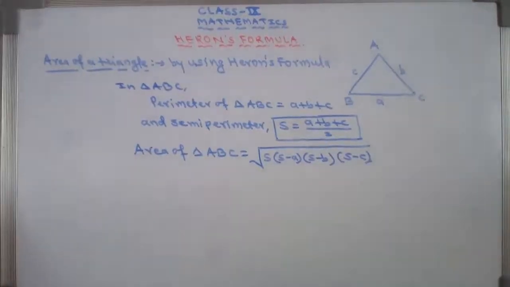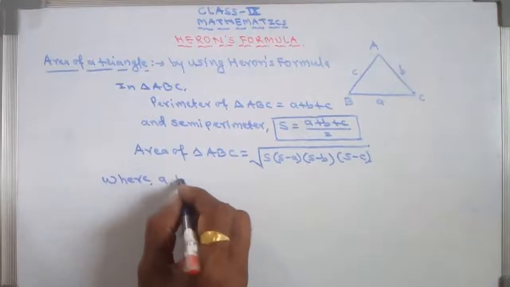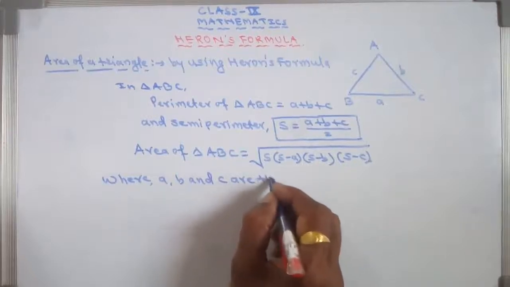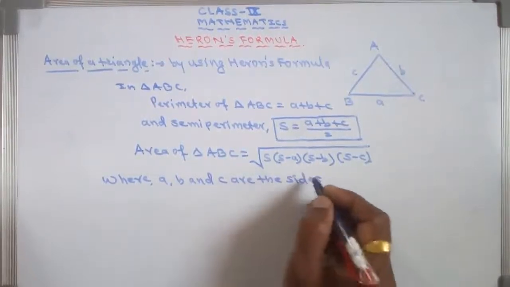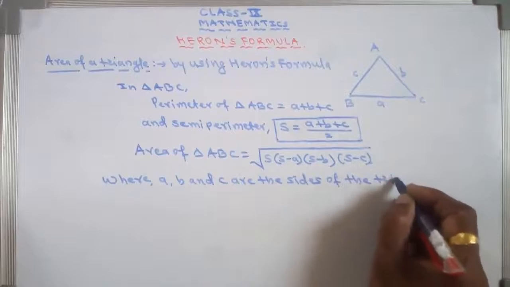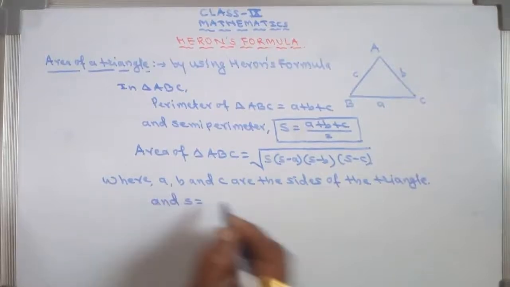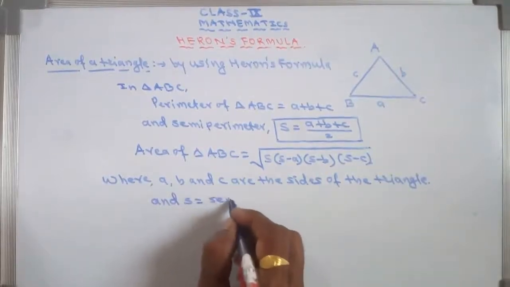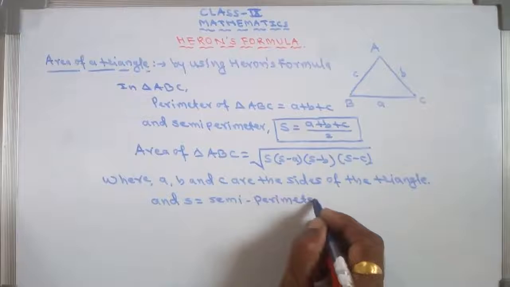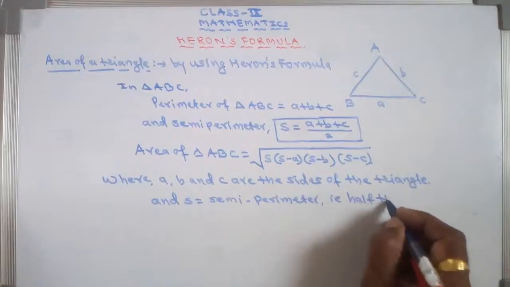So this is Heron's formula, where small a, b and c are the sides of the triangle, and s is the semi perimeter, that is half the perimeter.